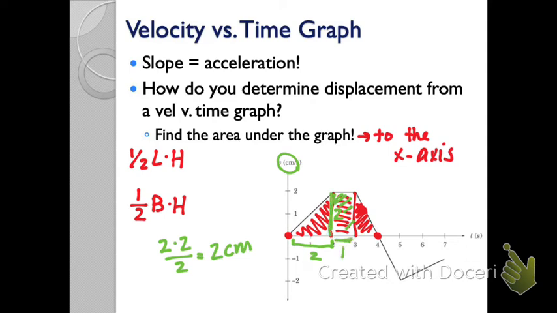So what's the area of a rectangle? Length times width, right? So I take 2 times 1, and that gives me 2 centimeters. And then my last triangle over here has a side of 1 and a side of 2. So I take 2 times 1 divided by 2, which gives me 1 centimeter.